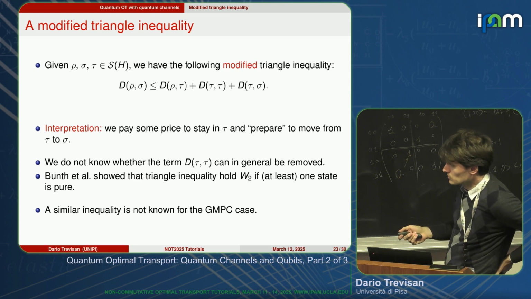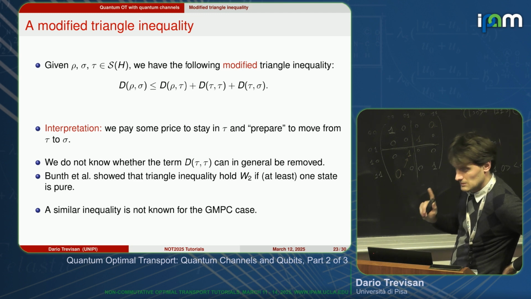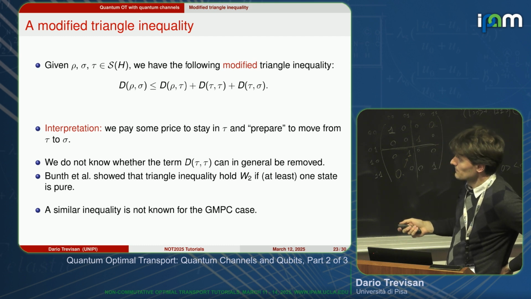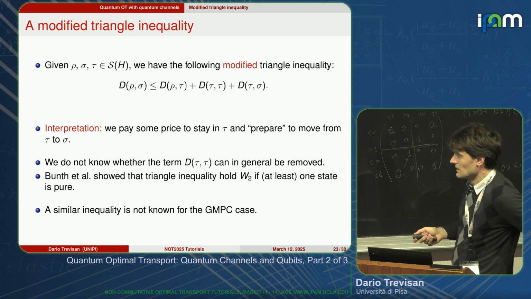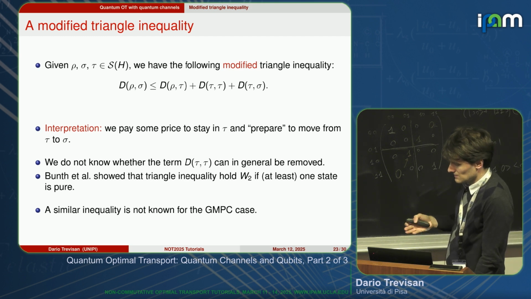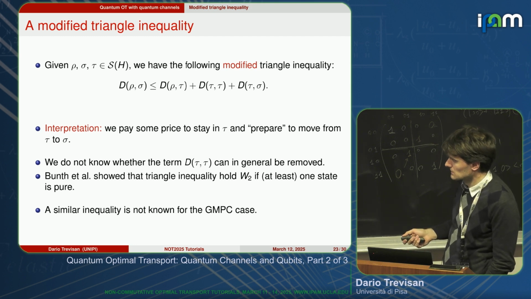In the group in Budapest, Daniel and Bunz in particular proved that if at least one of the states among rho, sigma, and tau is pure, which trivializes a lot but is still non-trivial, the actual inequality for the W2 holds. And similar inequalities for the other case without couplings are quite open, I would say. They are not known.